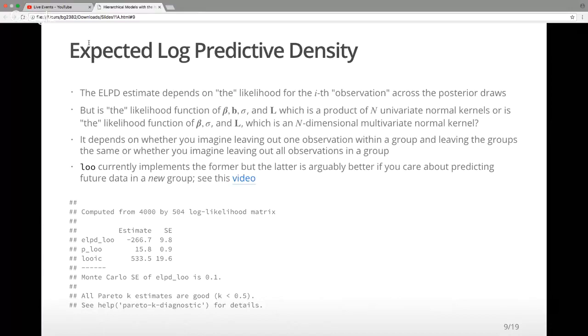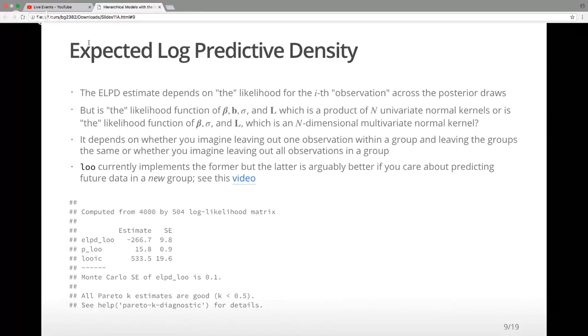And this choice depends on whether you imagine, am I leaving out one observation or am I leaving out one chimp? Do I want to make predictions for what the existing chimp would do if we extended the experiment with another observation, or if we left the whole chimp out and then predicted what would happen in the experiment for the left out chimp?